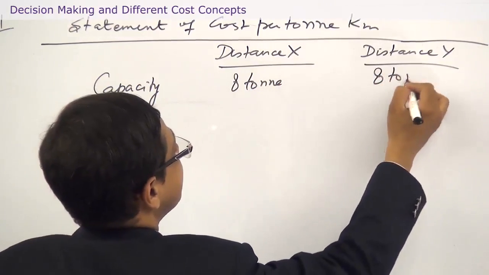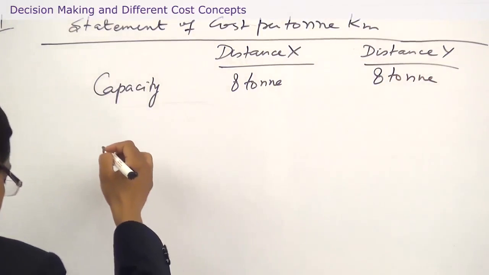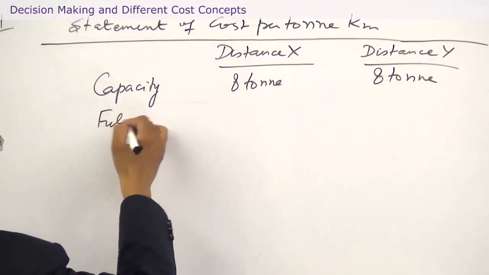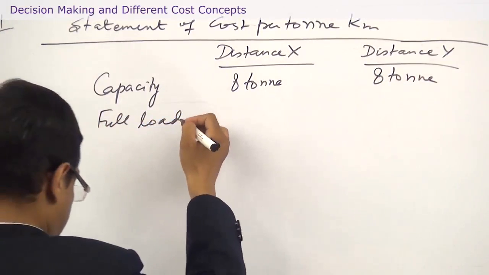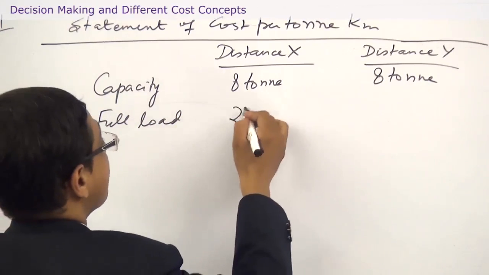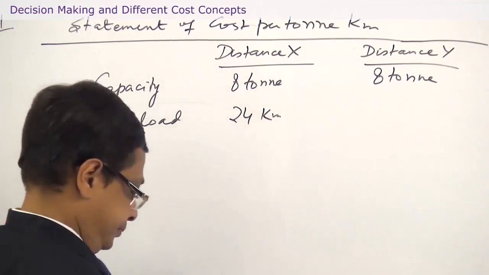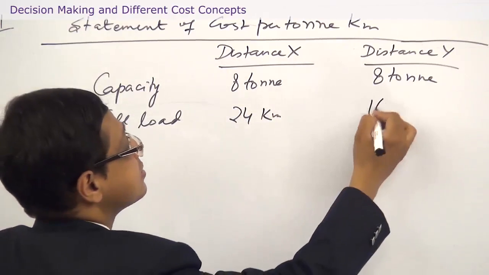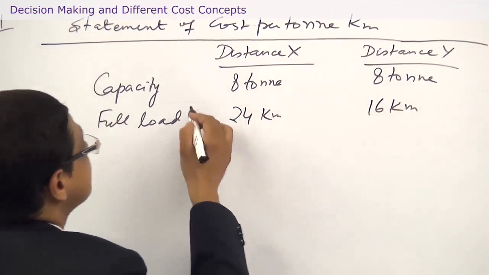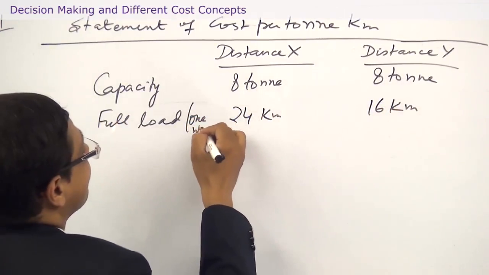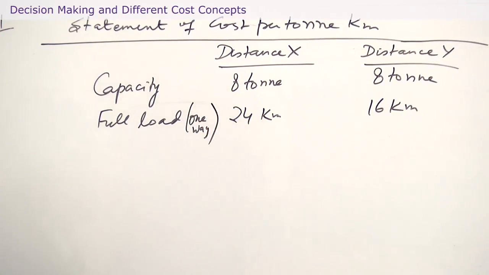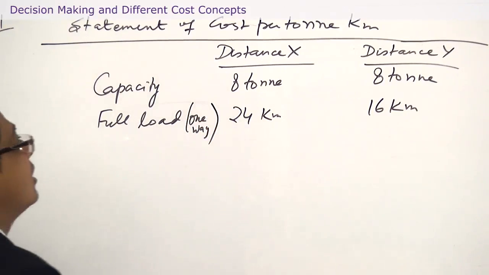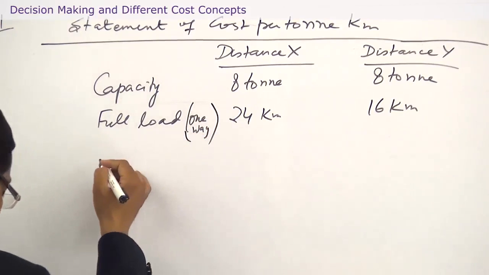Here it is 8 ton. Full load is 24 kilometer. Here it is 16 kilometer. This is one way, right? It is going filled with the oil.